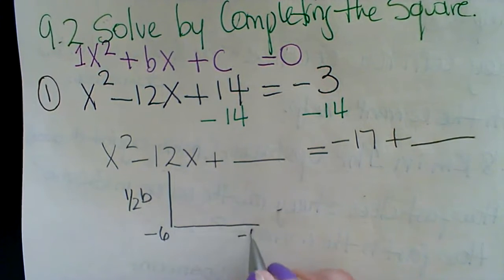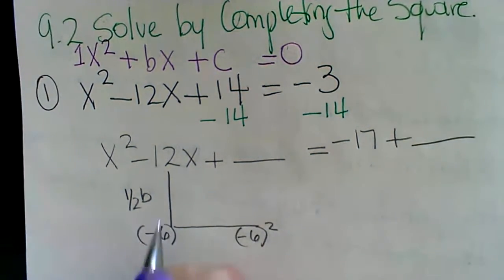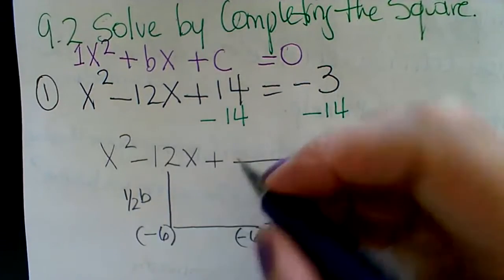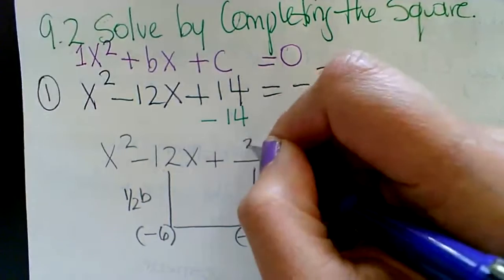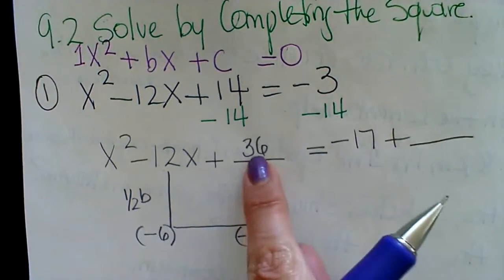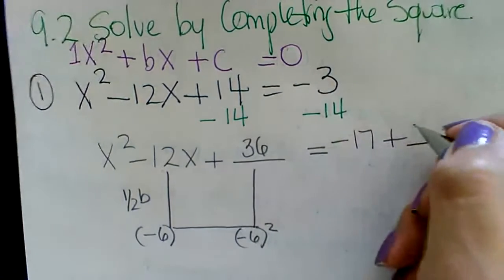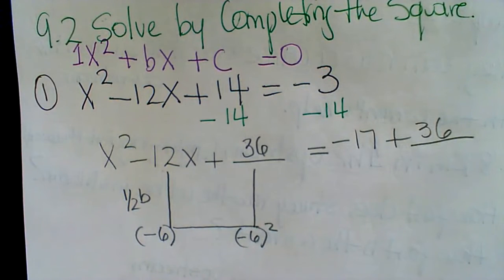Now, we're going to square that. Keep this number here. Remember that this is half of b. So if we square that number, what do we get? 36. And 36 is the number that is going to go here. Because I'm adding 36 here, I have to add it on the other side. We're applying the addition property of equality.